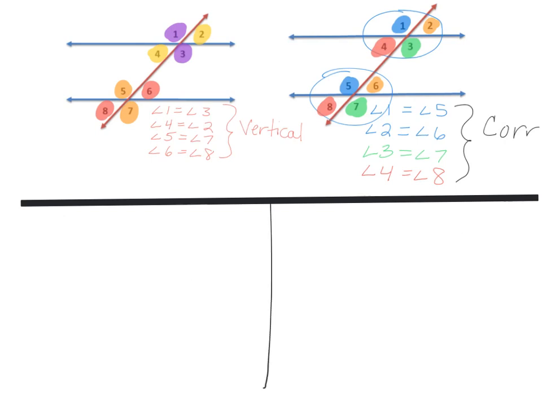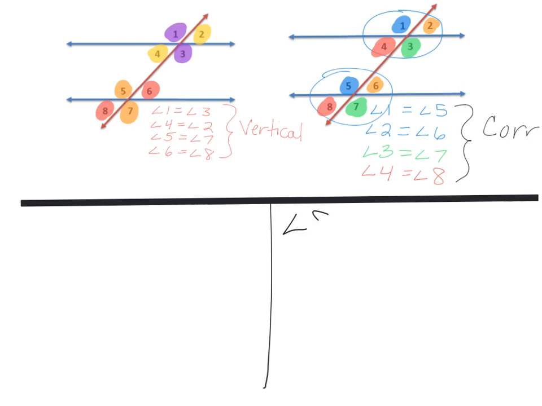So if that worked with angle 1 and angle 7, I'm going to assume that it's also going to work for angle 2 and angle 8, because those are alternate exterior angles as well. So let's just do a quick proof of that. So we know that angle 8 and angle 6 are vertical, so they're equal.